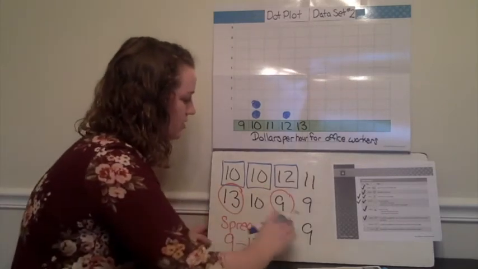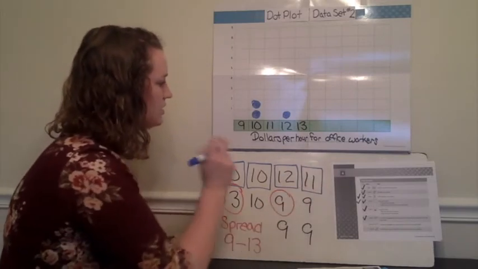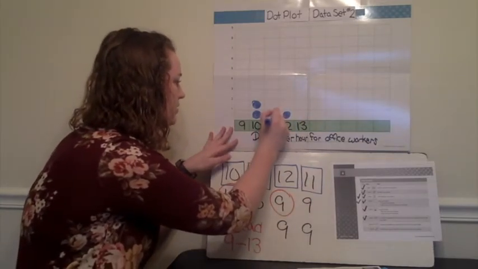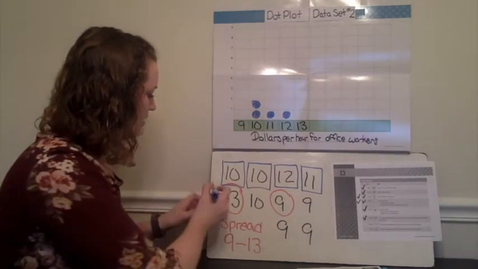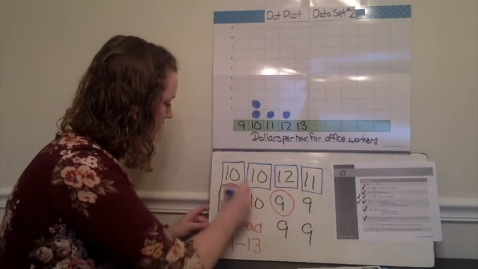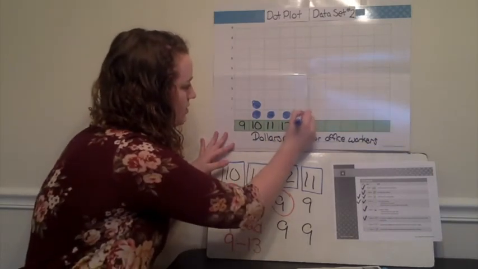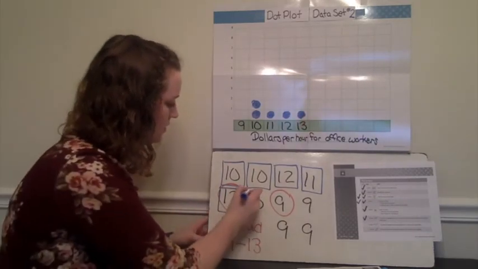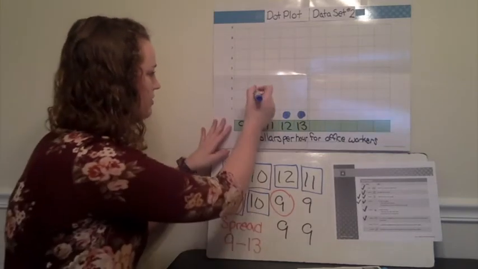We're going to keep going until they're all finished. Our next number is 11. Put a dot above 11. And our next one is 13. Let's put a dot above 13. Next is 10. Put a dot above 10.